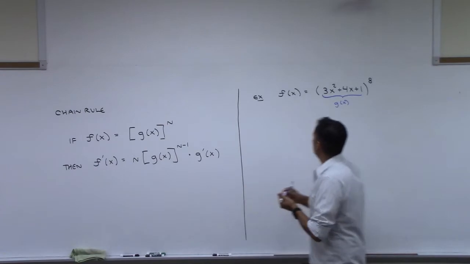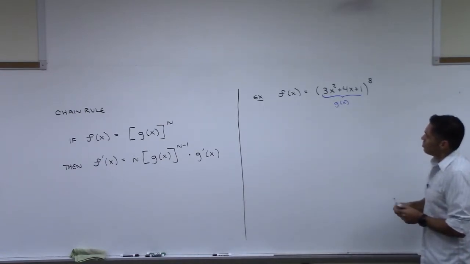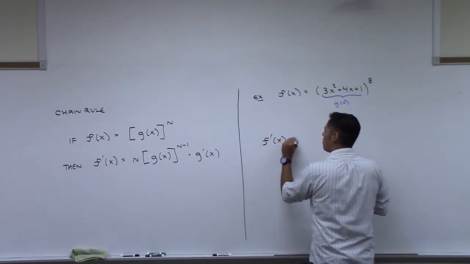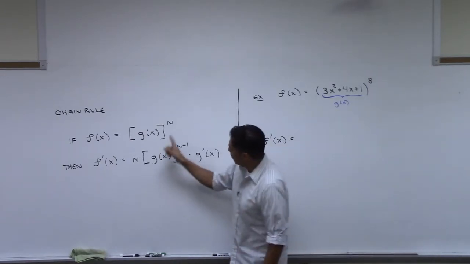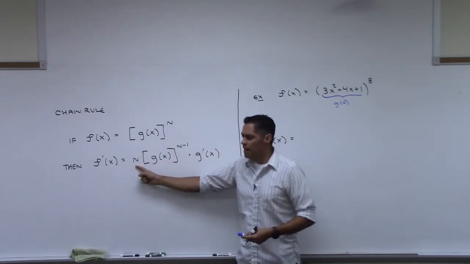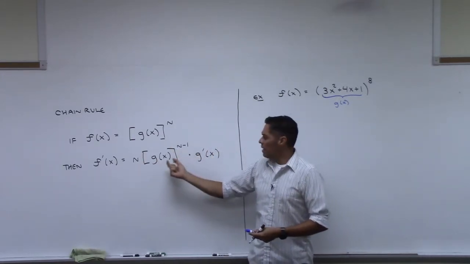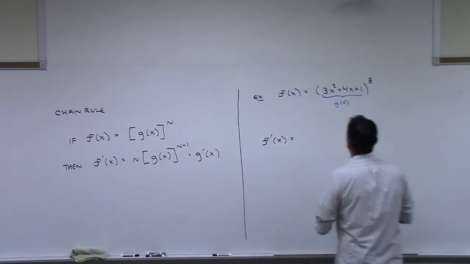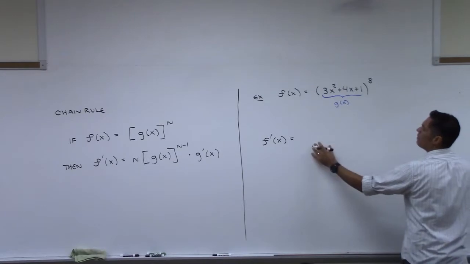Okay. So the derivative of this, what we're going to do is first we're going to use that same power rule that we've used in the past. We're going to take the power, bring it down, and subtract 1 from the power. And the g here, we're not going to touch it, right? We're going to leave it alone. So in that case, it's going to be what here? 8.